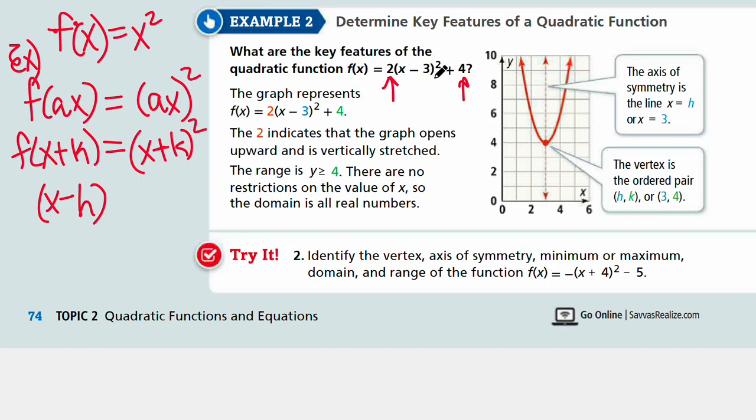The function for a horizontal translation would be x minus h, and in this case your h is positive, so you will go right 3 units.